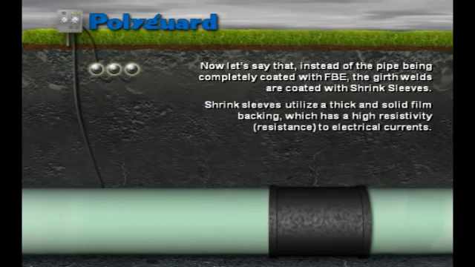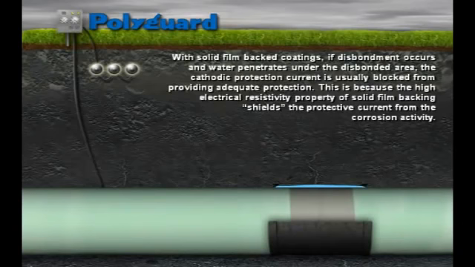Shrink sleeves utilize a thick and solid film backing, which has a high resistance to electrical current. With solid film-backed coatings, if disbondment occurs and water penetrates under the disbonded area, the cathodic protection current is usually blocked from providing adequate protection.